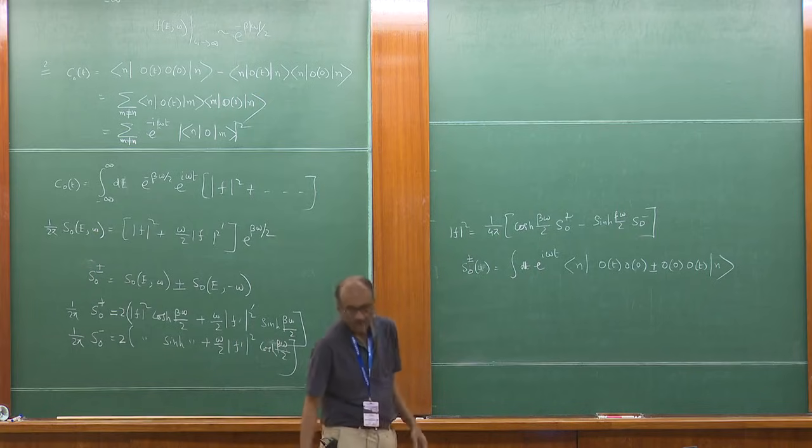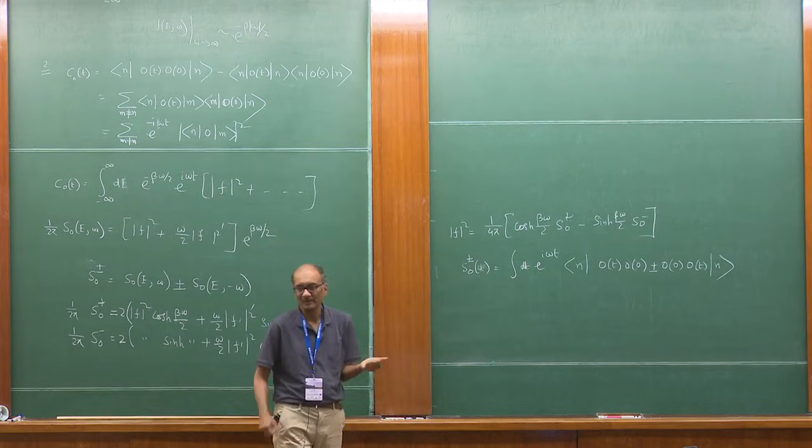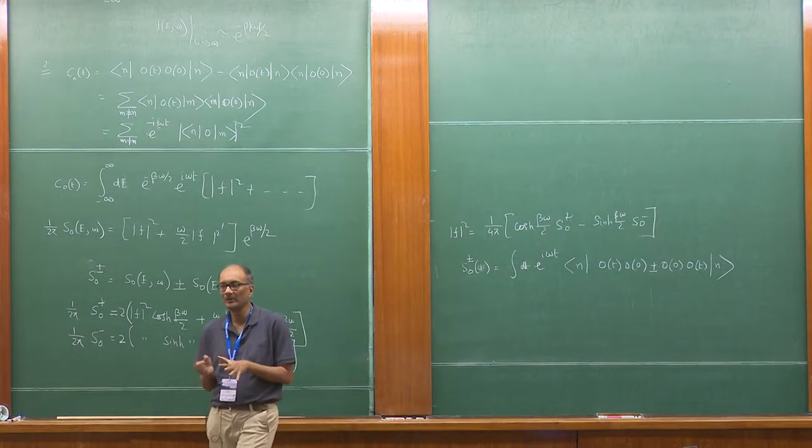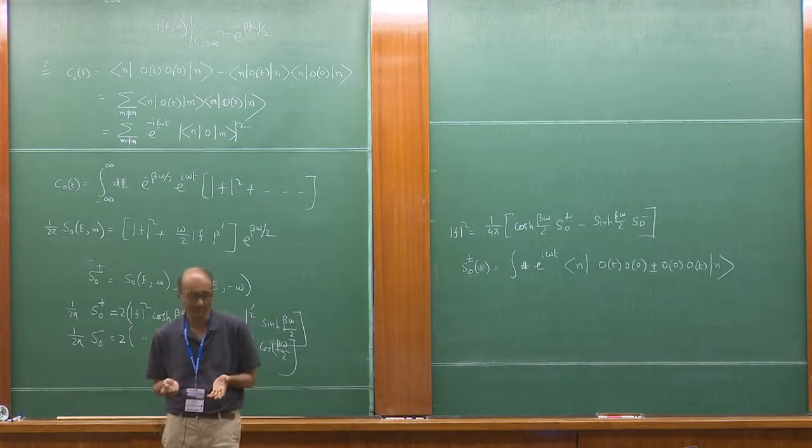Okay? So the imaginary part of this S0 minus is going to give you the dissipation part in a fluctuation dissipation theorem. Okay.